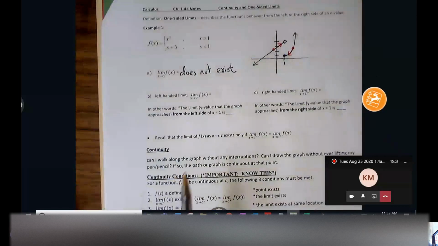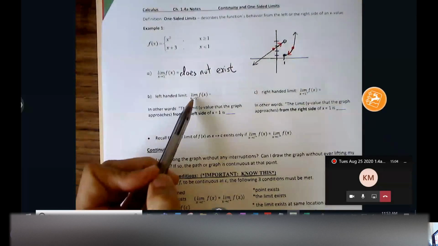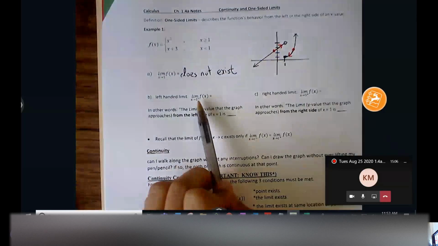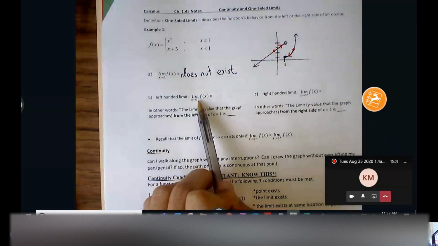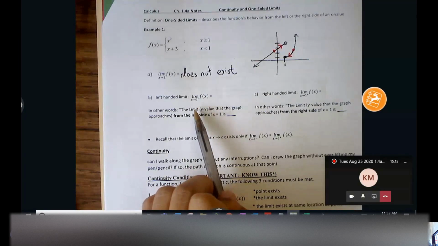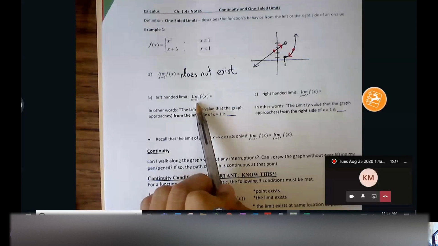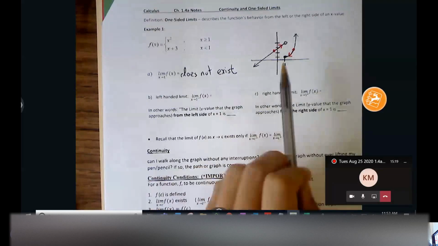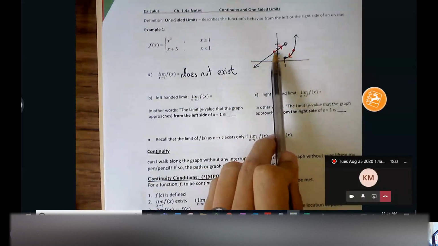First up, we have the left-handed limit. You see how there's a negative sign sitting up in the exponent location. That negative means that I'm approaching 1 from the left side of 1. That's what I did with plotting that point.